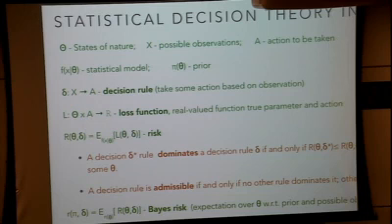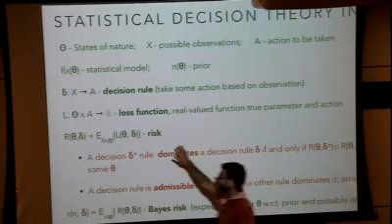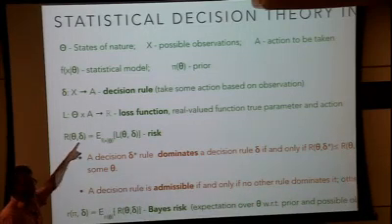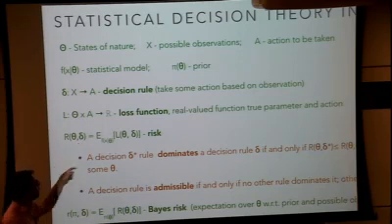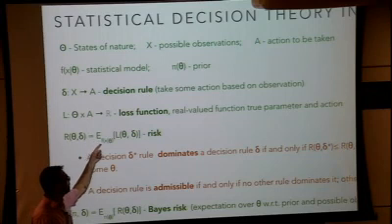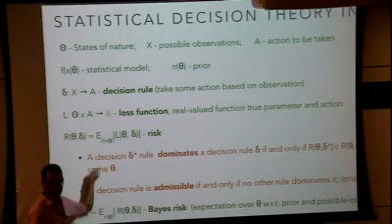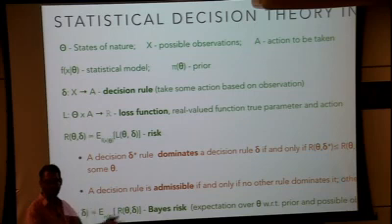Okay, and then you have the risk. Okay, and the risk depends on both the states of nature and your decision rule delta. Okay, and what it's defined as is just the expected value of the loss function. So what you imagine doing is you pick some true value of theta, some parameter point. You imagine generating a bunch of data, doing an experiment over and over again, right?